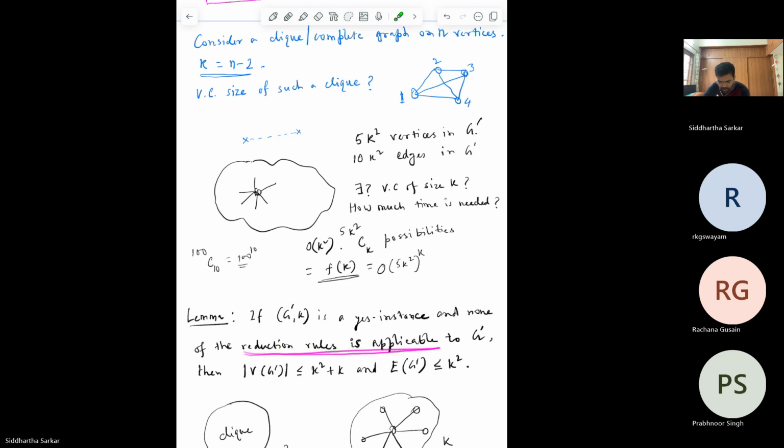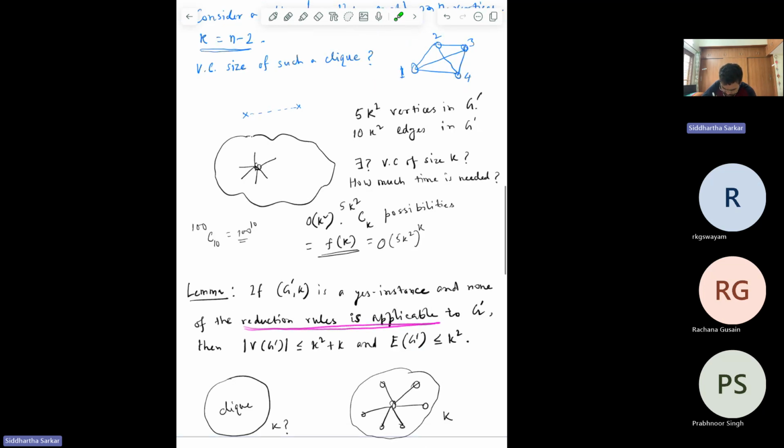But once you have exhausted all the reduction rules and in the reduced graph no more reduction rules are applicable, then if you see that the number of vertices is only k square plus k or less, and the number of edges is only k square or less, then you can be sure that the original graph that you started with is also a yes instance. So I think I made it G dash, but in the book it is saying G. So just give me one moment. Let me understand the proof once again.